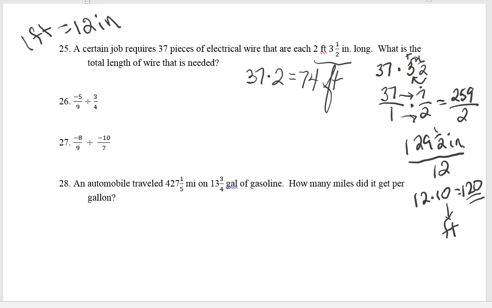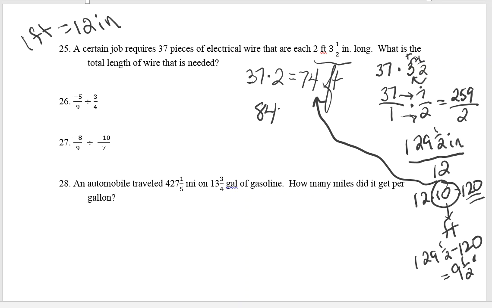That leaves me with 9.5 inches left over. 129.5 minus the 120 that make the 10 feet, and I'm left with 9.5 inches. So we're going to take these 10 feet and we're going to add them to the 74. So now I'm at 84 feet. And I had 9.5 inches left over, so I have 84 feet, 9.5 inches.